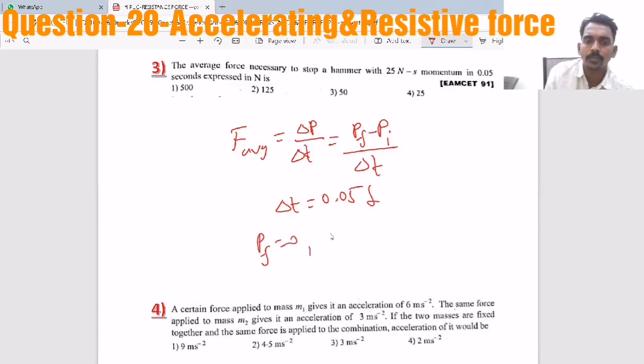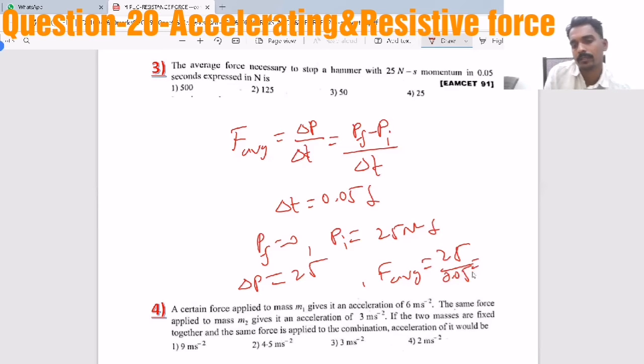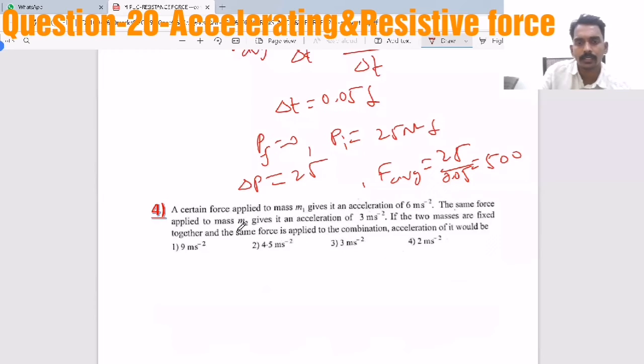Stop means final should become 0. Initial means 25 Newton second. So the magnitude of delta P is 25. So F average will become 25 by 0.05. That is 500, which will be the answer. So this is the way you can solve the questions based on the force.